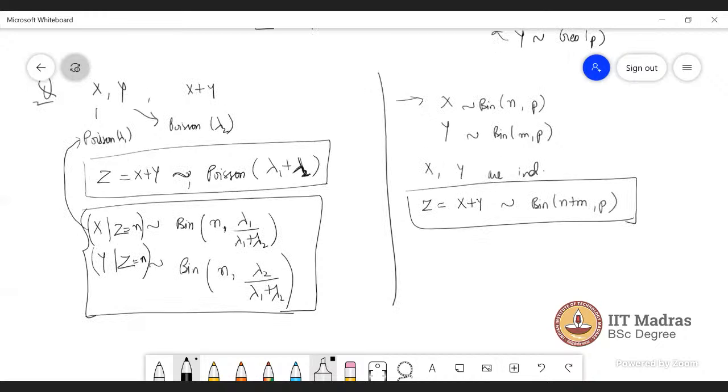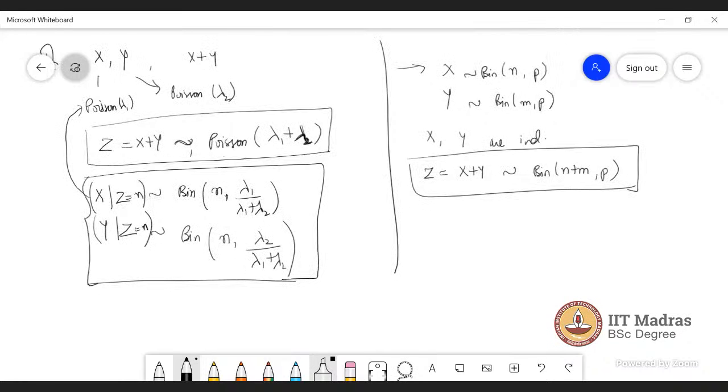Left hand side is z equals x plus y, where x and y both are Poisson, with parameters n comma lambda. No, they are Poisson. On the left hand side, x and y are both Poisson with different parameters. On the right hand side, x and y are both binomial with different parameters. Okay, got it.